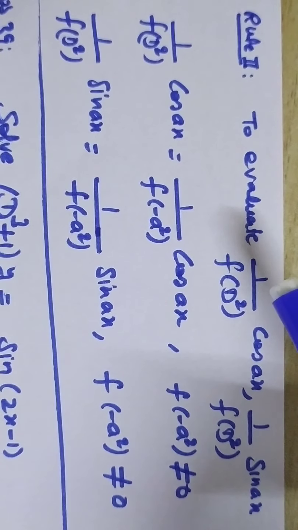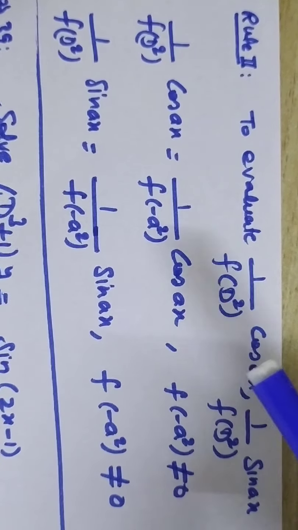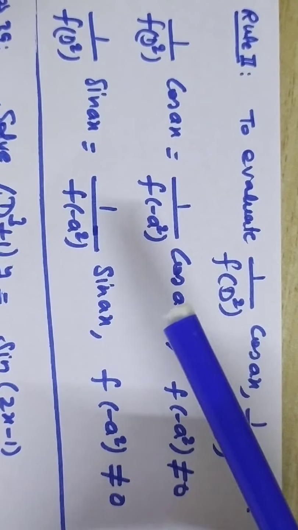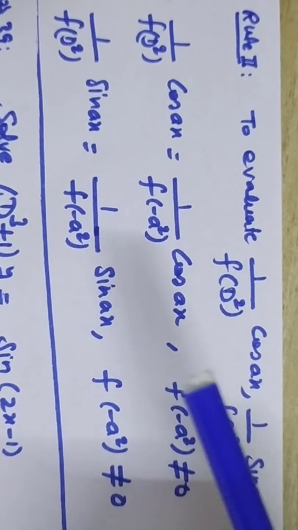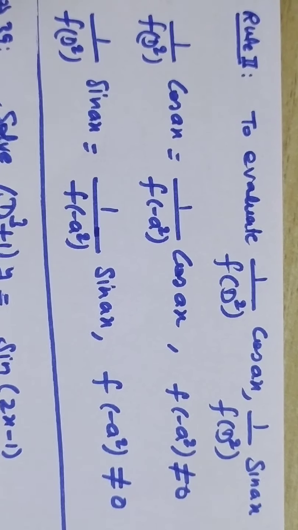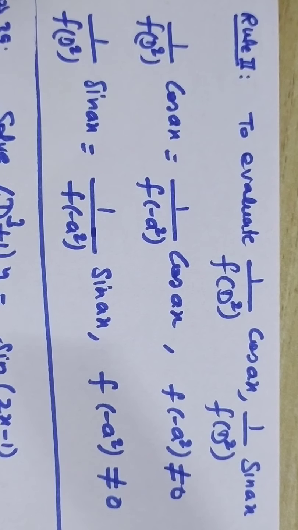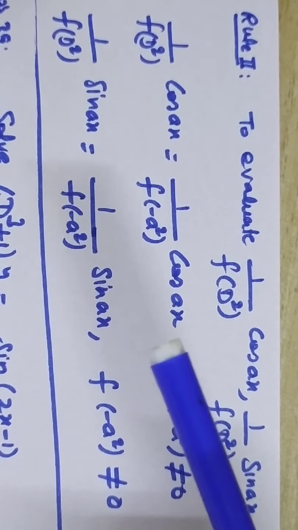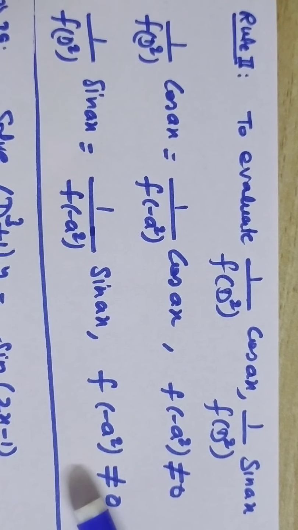So whenever you see 1 over f(D square) cos ax, you just replace D square with minus a square. Don't do anything with the cos ax. Same thing is applied to sin ax also. That is, 1 over f(D square) sin ax is equal to 1 over f(minus a square) sin ax, provided f of minus a square is never 0.